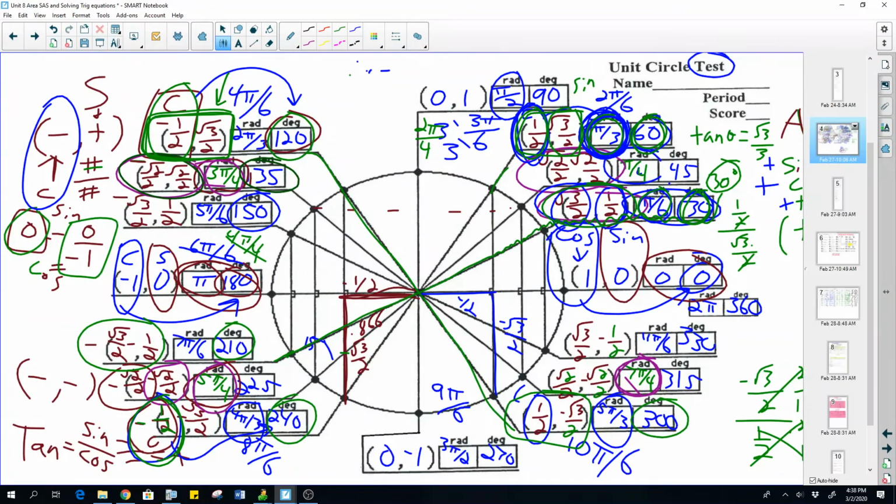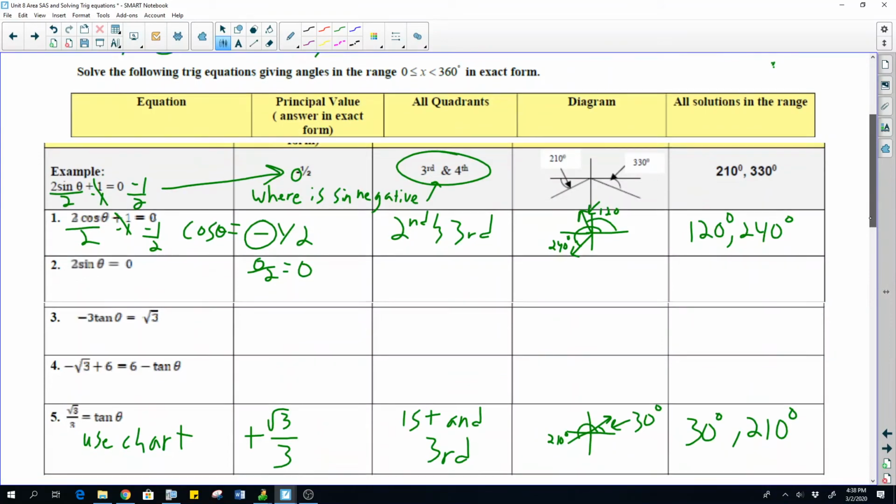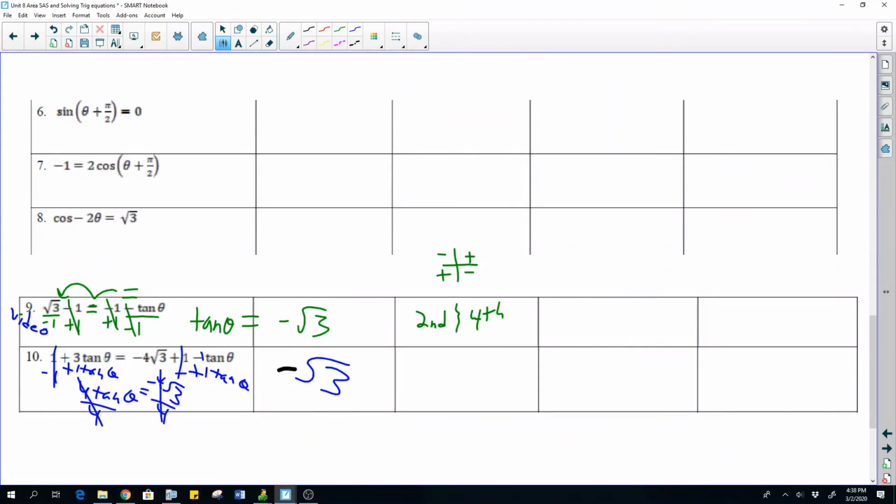Cool. So then we'll jump back here to our assignment. Do you remember it again? It's 300 degrees and up here at 120. So let's write that down. So 300 degrees. Awesome. So 120 and 300 degrees.